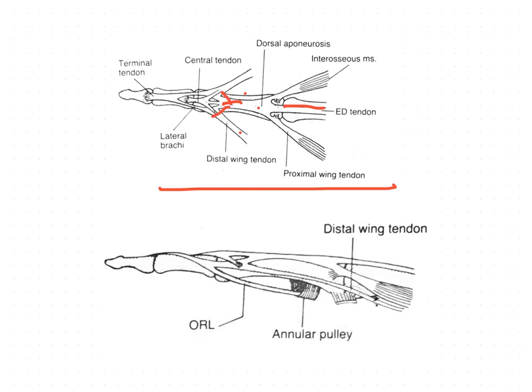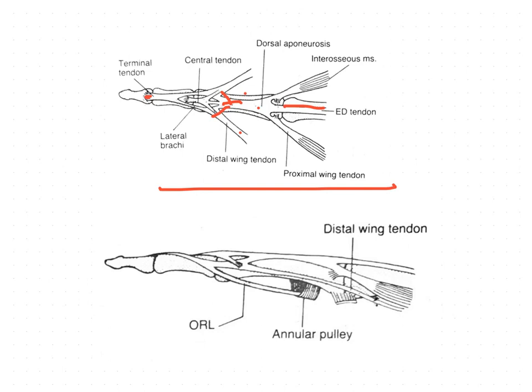One is the central tendon and the others are the lateral bands, and the lateral bands are inserted into the terminal tendon. Another structure present volarly is the oblique retinacular ligaments, which cross from the volar aspect to the dorsal aspect and get inserted into the terminal tendon.